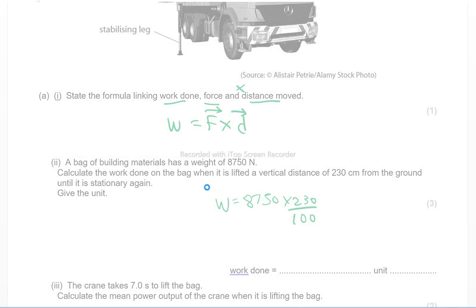So the answer you get is 20,125, and the answer has to be in what unit, children? The work done or energy is measured using what unit, children? It has to be in joules, right? Right. So we'll write the answer in joules.